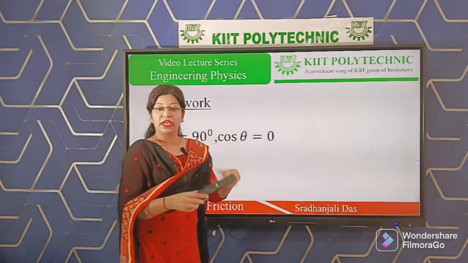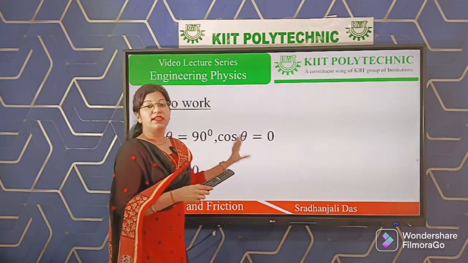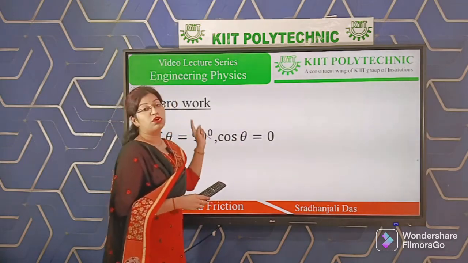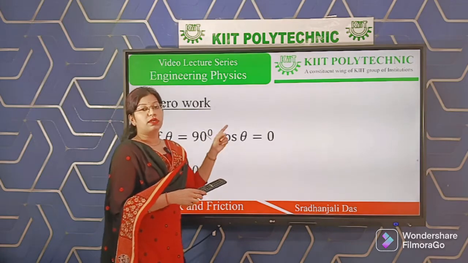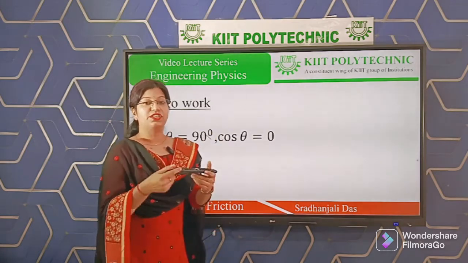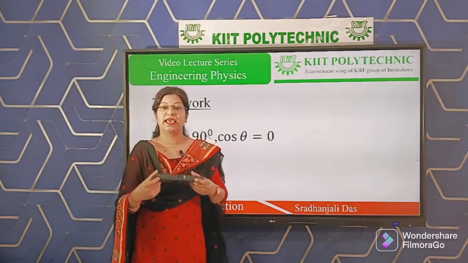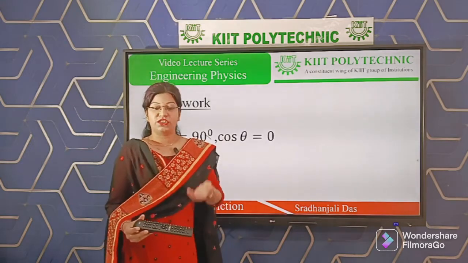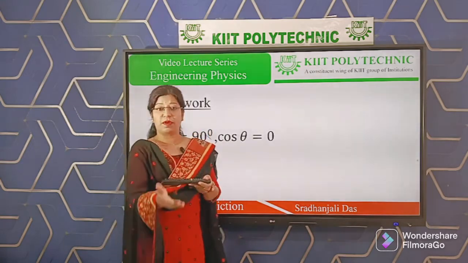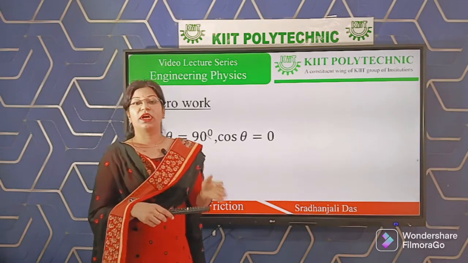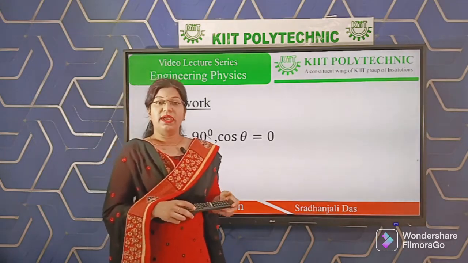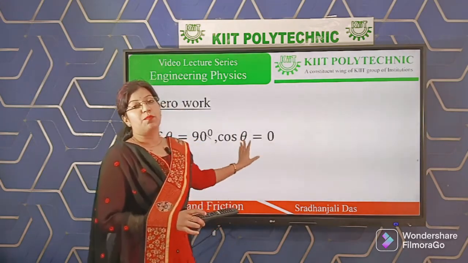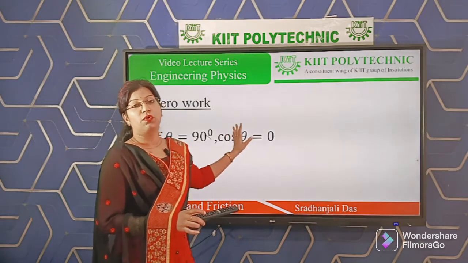Since they are perpendicular, the work done is 0, which is known as zero work or no work. Or someone lifts a plate in a vertically upward direction and then moves. The direction of the force and the displacement are perpendicular to each other, so that is also an example of zero work.